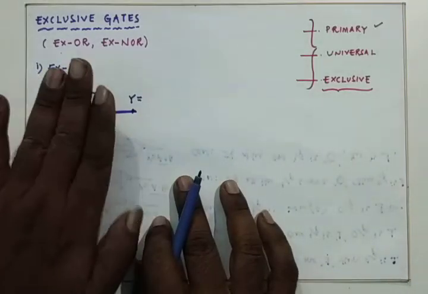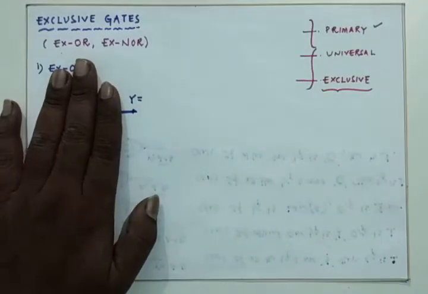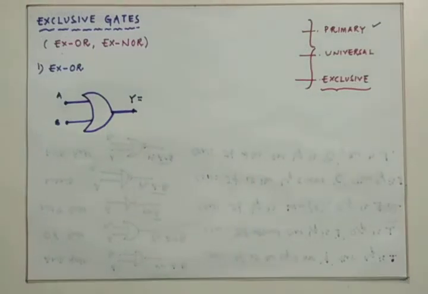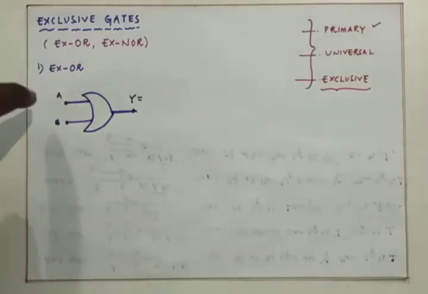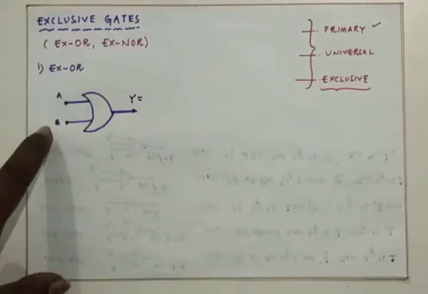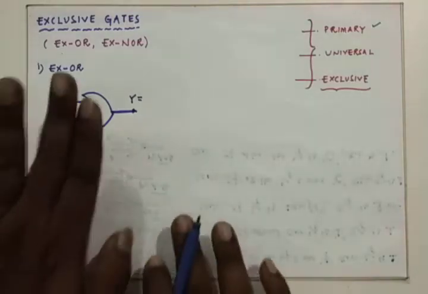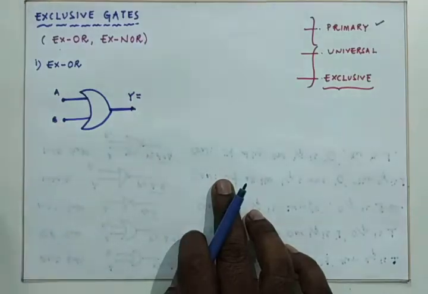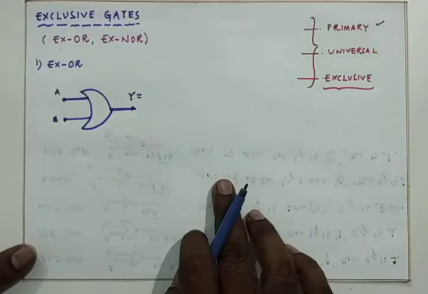For example, if this is an AND gate, the output is A dot B. If it is an OR gate, the output is A plus B. If it is a NOT gate, the output for input A is A bar, and for input B it is B bar. If this gate is a NAND gate, the output will be A dot B complement. If it is a NOR gate, it is A plus B complement.